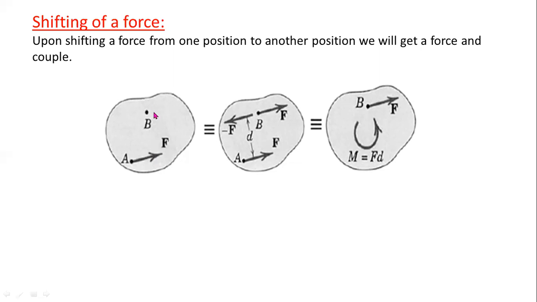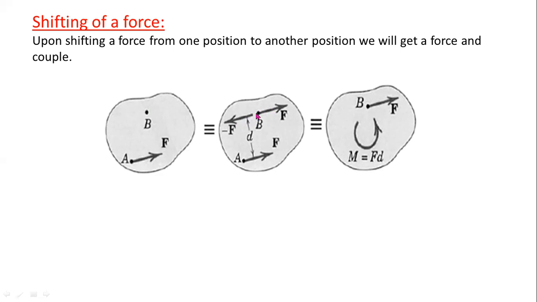There is no force at point B, but I want to shift this force F from point A to B. Then you have to add two equal and opposite parallel forces, parallel to the force F, at point B.